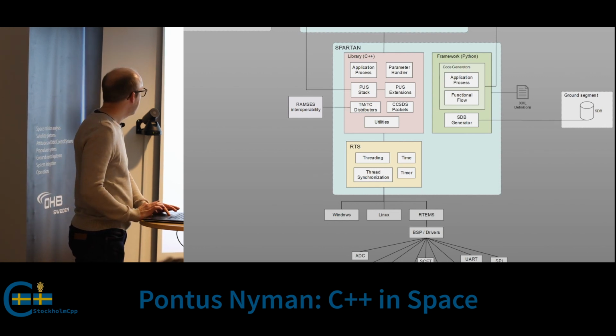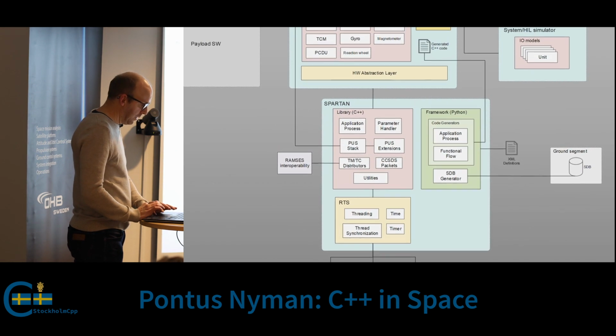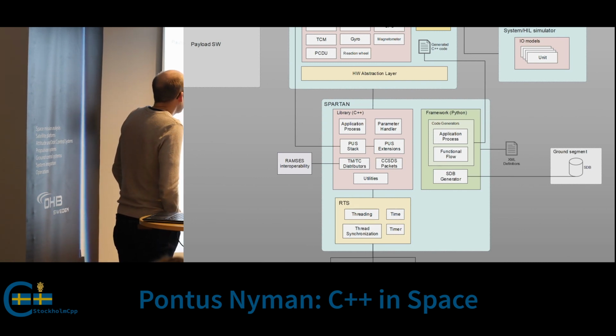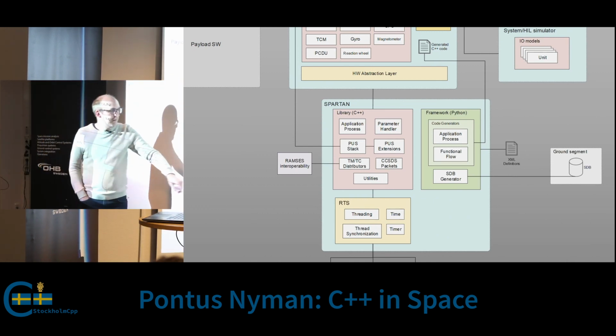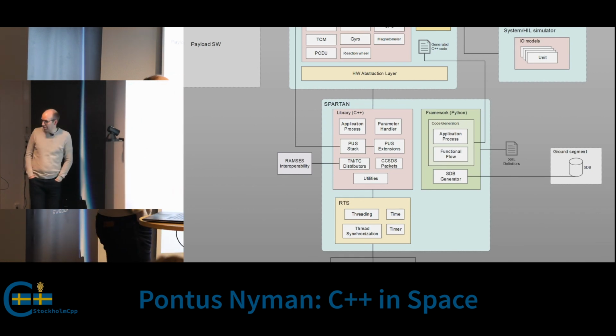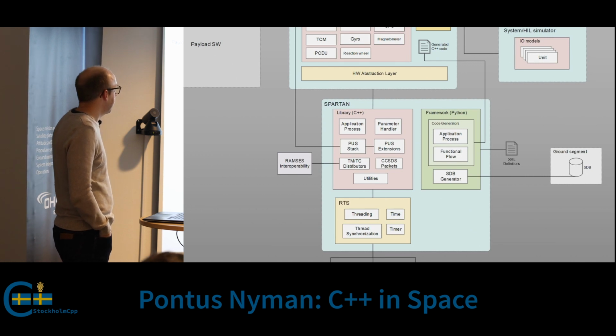And then we go up here in the layers. Spartan has two sides. It's a Python framework that we use to generate code. We do quite a lot of code generating, and I will talk a bit more about it later.